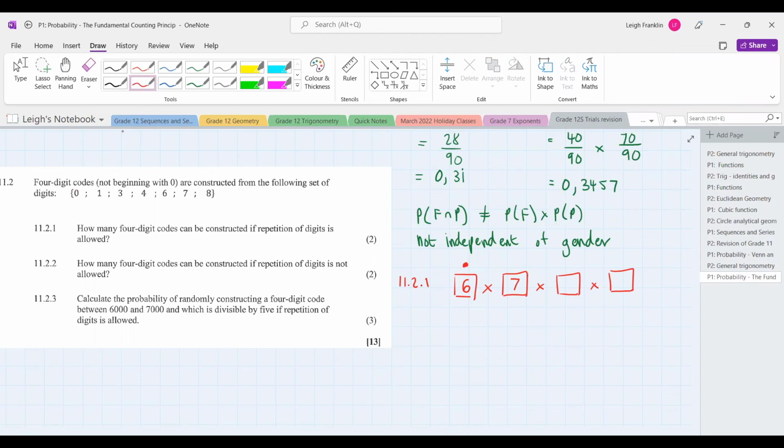When I count them, 0, 1, 3, 4, 6, 7, and 8, that gives me 7 numbers to choose from. Because I am allowed to repeat my digits, there are 7 digits I can choose from for the third number in the code, and 7 numbers I could choose from for the last number in the code.